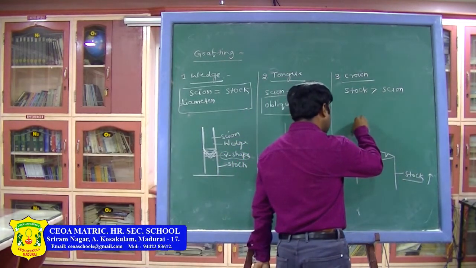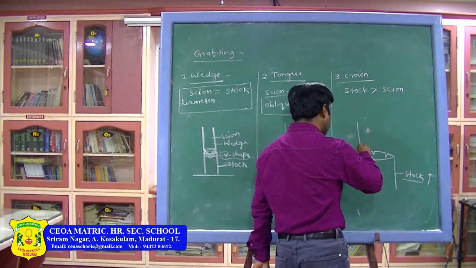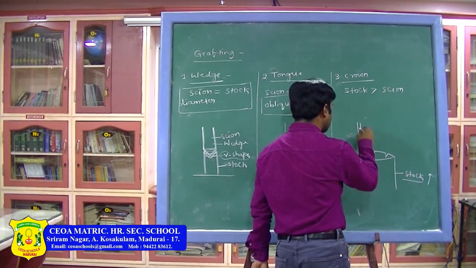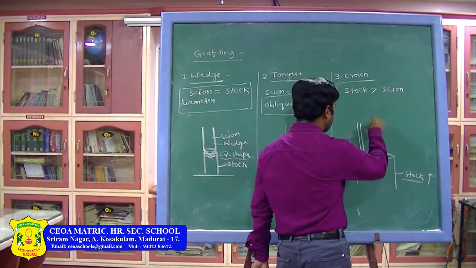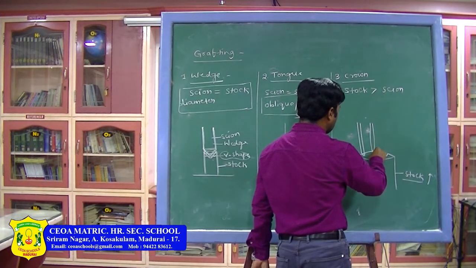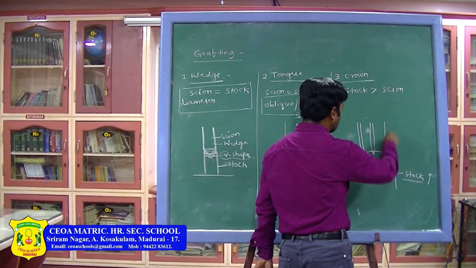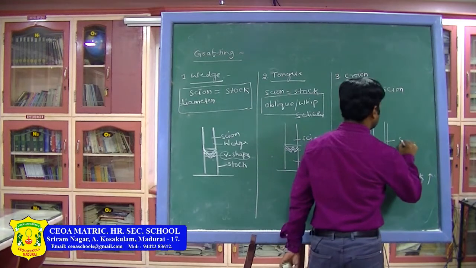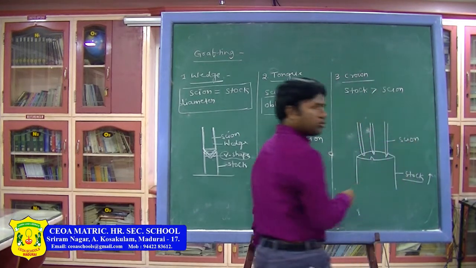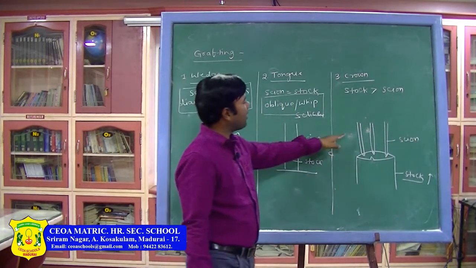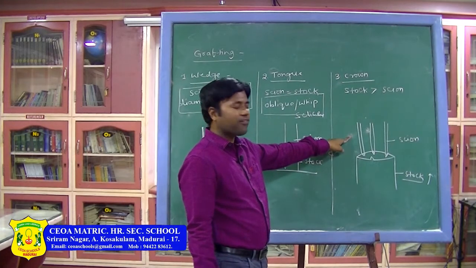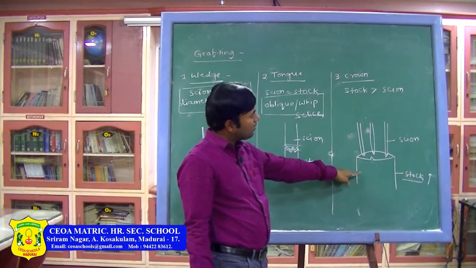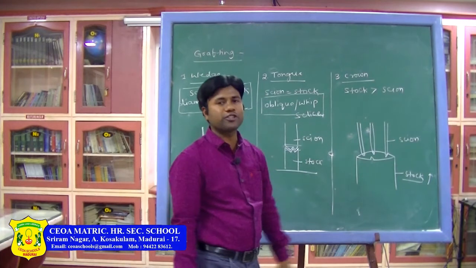So now the scion diameter will be less. This is the scion. You can see in the diagram clearly the diameters of the scions are less, whereas the diameter of the stalk is more.